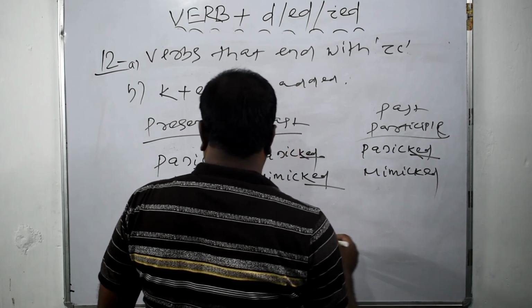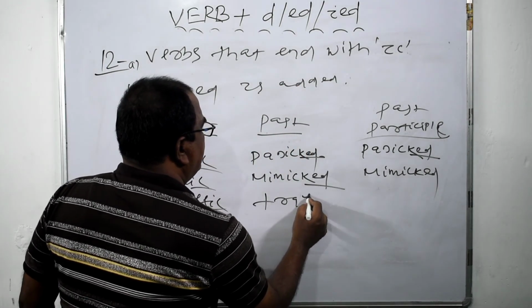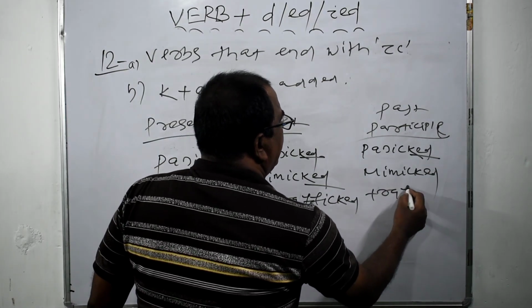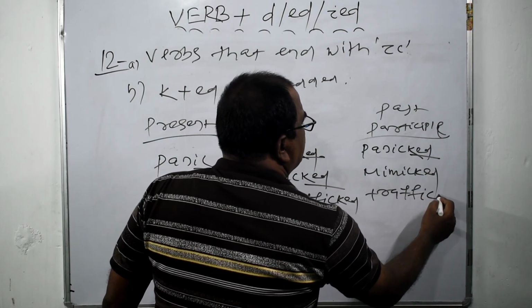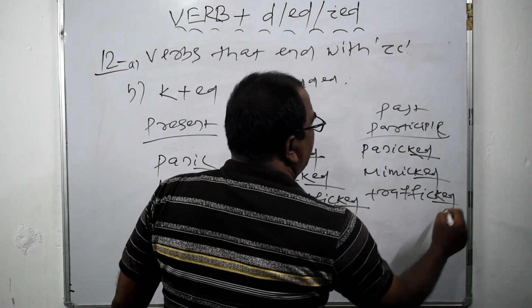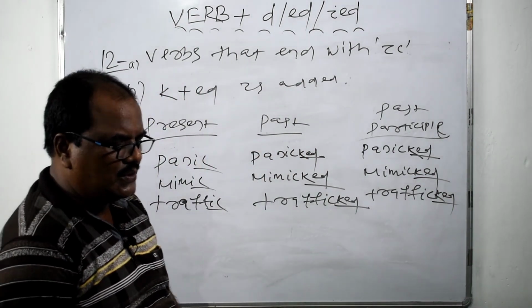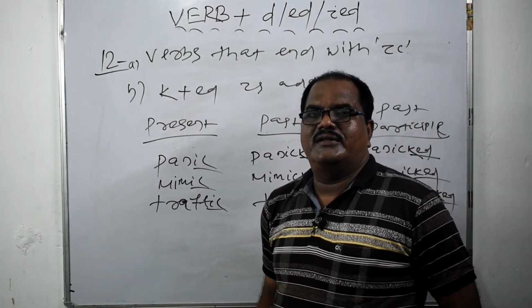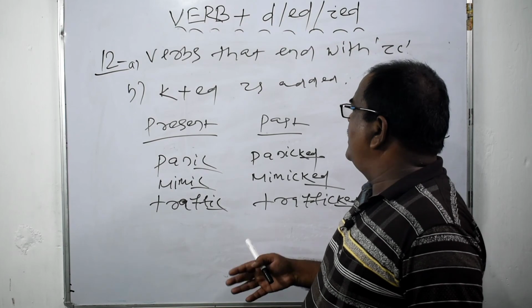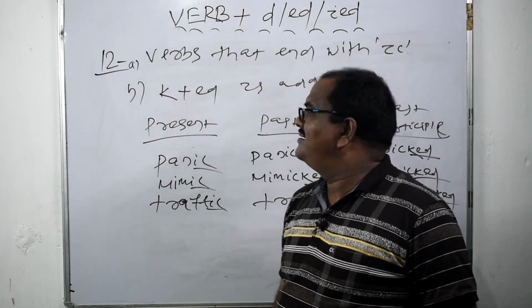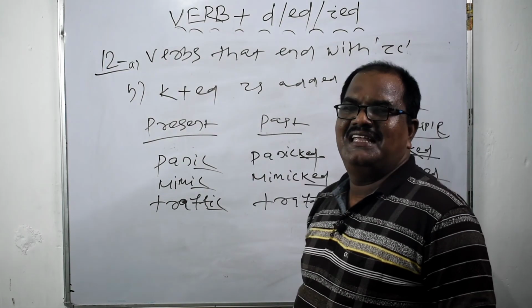Traffic, trafficked. My dear students, you have to collect a number of verbs like this, and at the time of forming the past and past participle form of these verbs, you have to add KED.